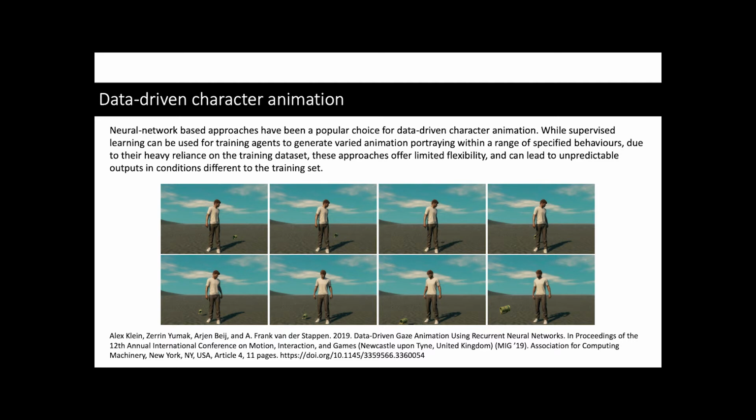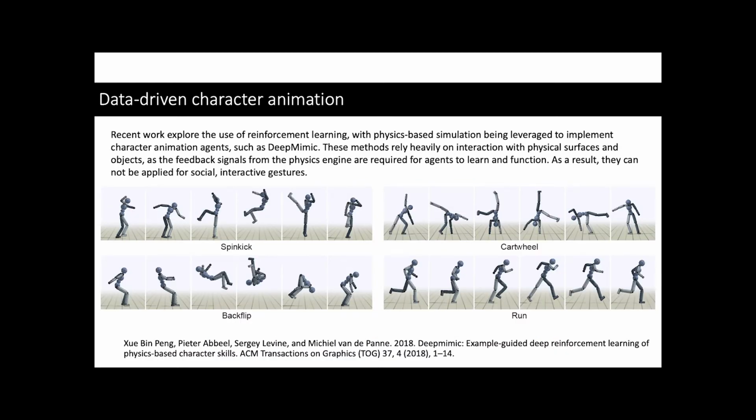But the agents trained using these approaches rely heavily on the training set, so there isn't much flexibility that you could obtain. Therefore, recently, reinforcement learning has been explored as an approach to address this issue.